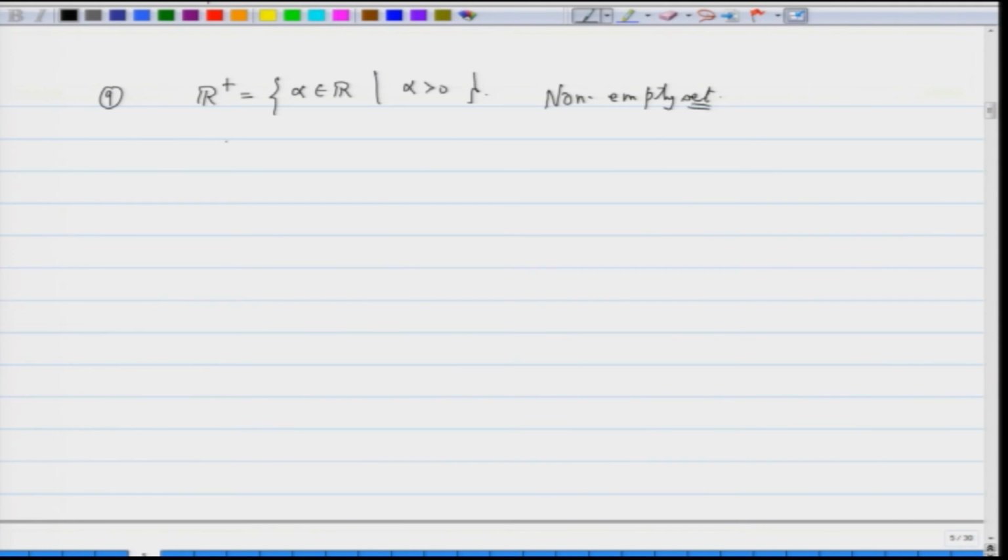Take any two elements here, alpha and beta. I want to define the sum as not alpha plus beta, but something else. So, I put a plus sign here to say this is not the usual real number sum.